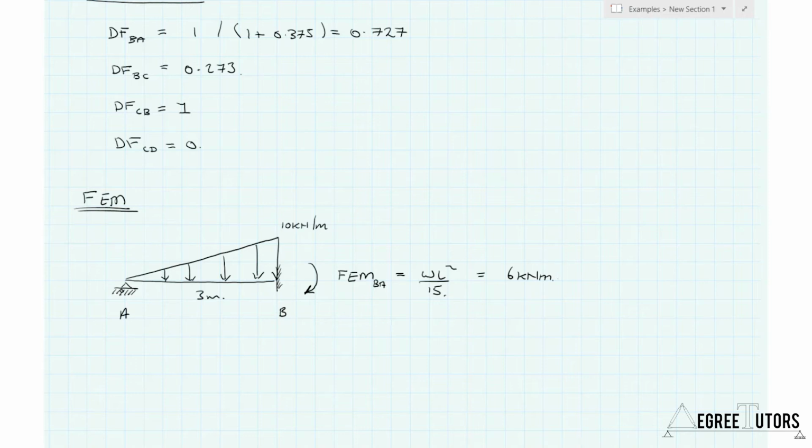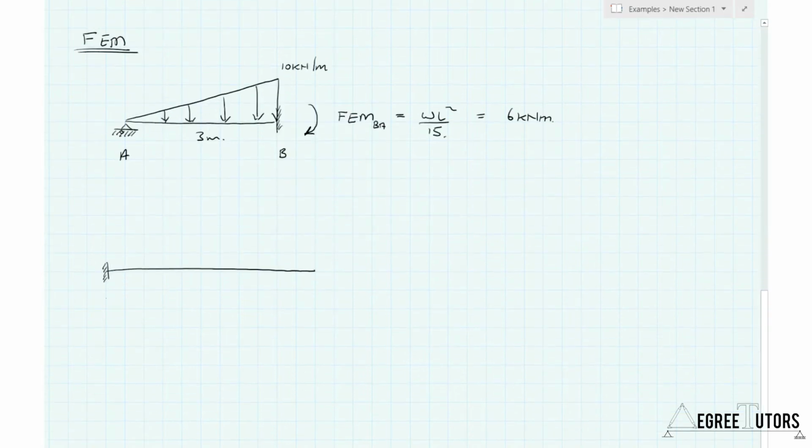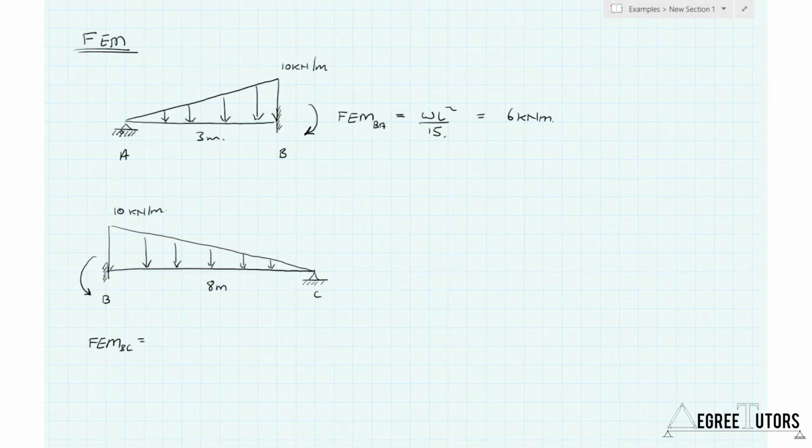We can now move on and consider member BC, doing exactly the same thing. We can sketch out the structure. So the fixed end moment for BC is going to be the same formula because it's the same type of structure, but this time the moment is going in the anti-clockwise direction, which we will assume to be negative. So the sign convention here for these moments is that clockwise is positive, anti-clockwise is negative.